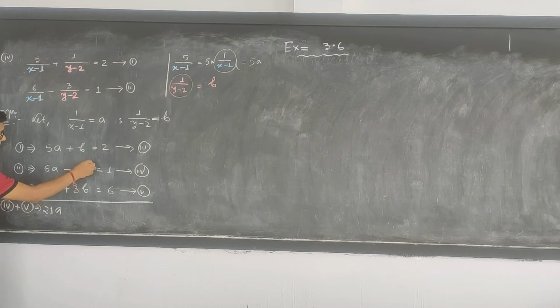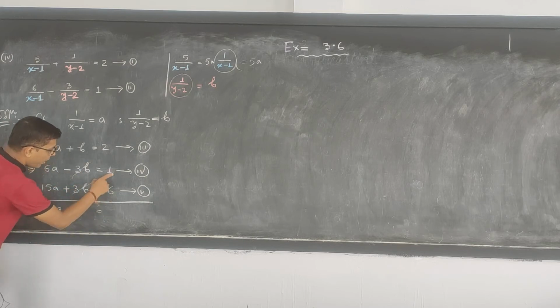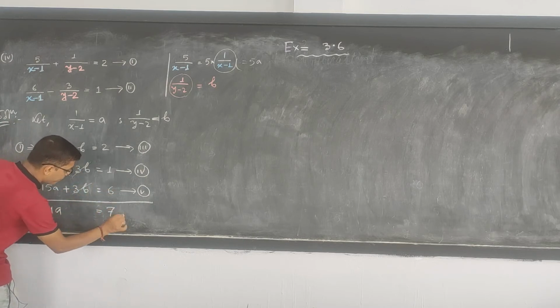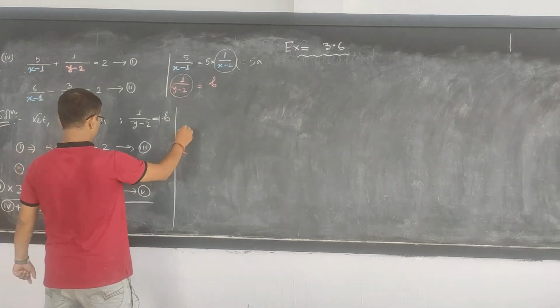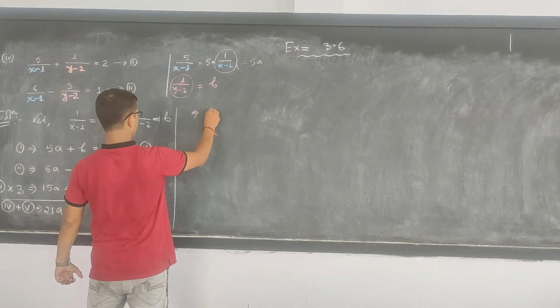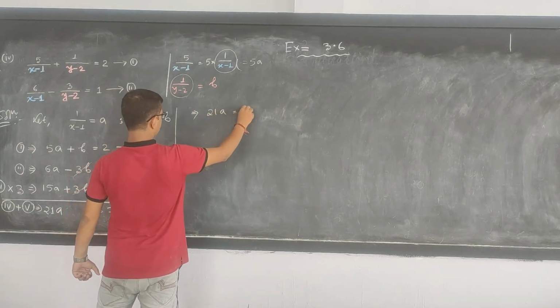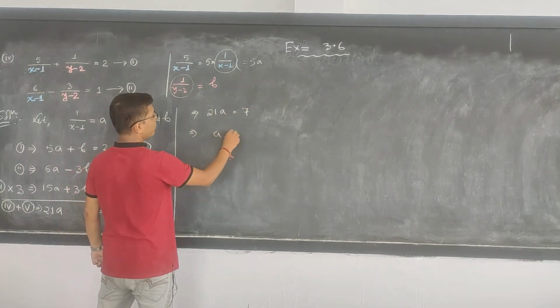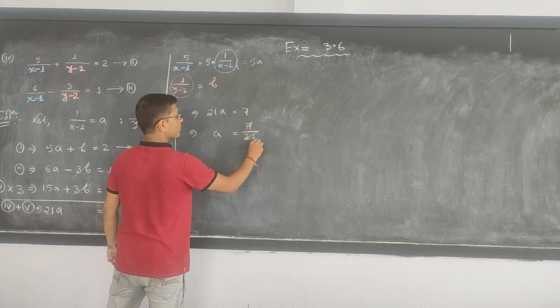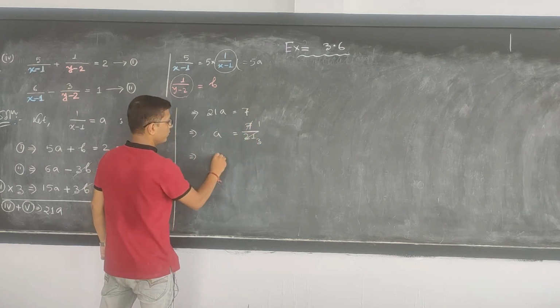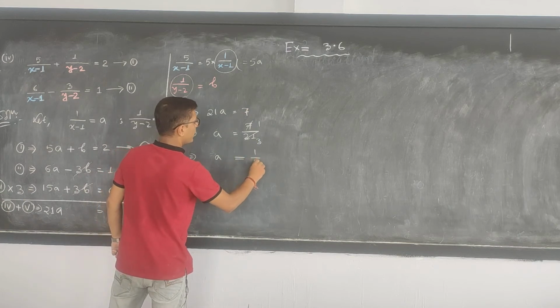Then this will get cancelled, and if you add it, it will become 7. 21a, let us shift it that side, then it will become 21a is equals to 7, then only a will be 7 by 21. 7 goes 3 times, so a equals to 1 by 3.